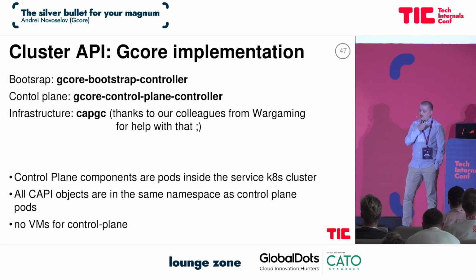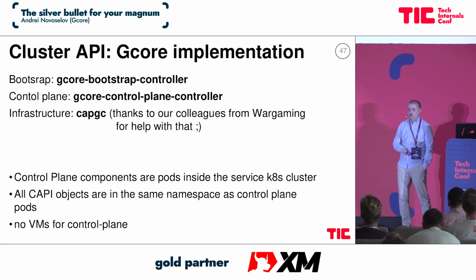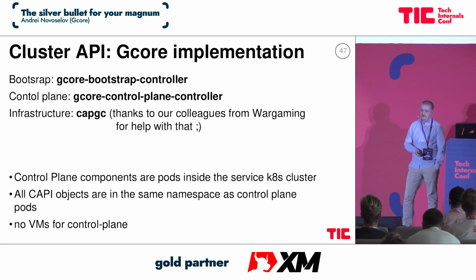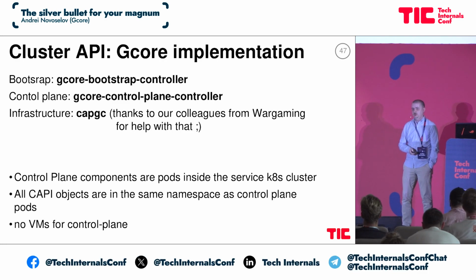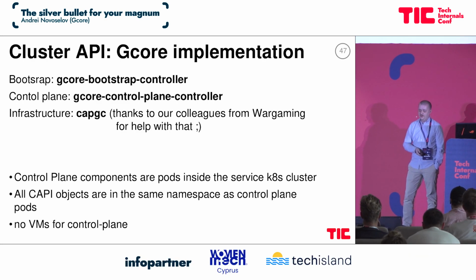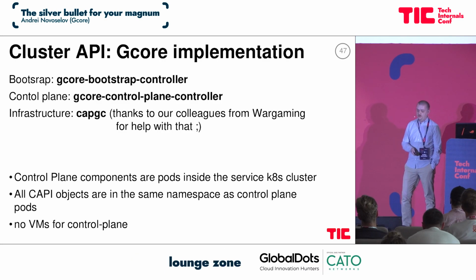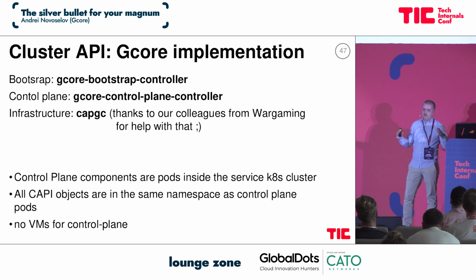So, our implementation. We decided not to use virtual machines for the control plane. They are usually underloaded, and spinning up a virtual machine takes much more time than spinning up a pod. So we decided to have a management Kubernetes cluster and have a namespace inside it.